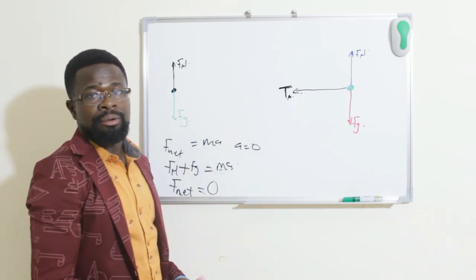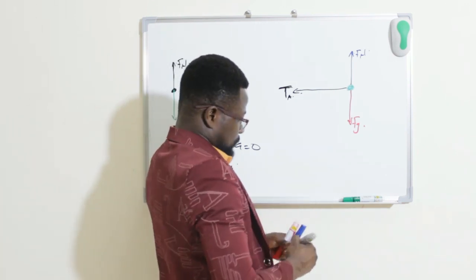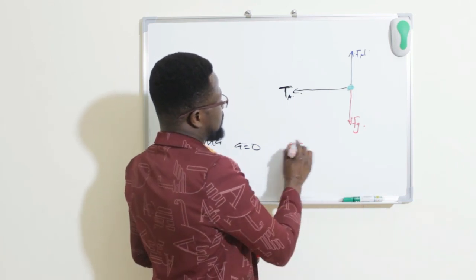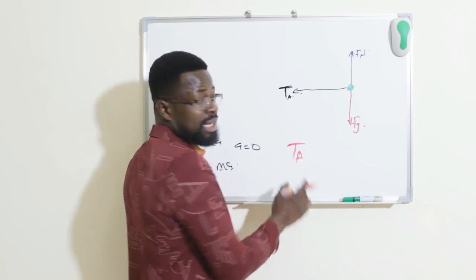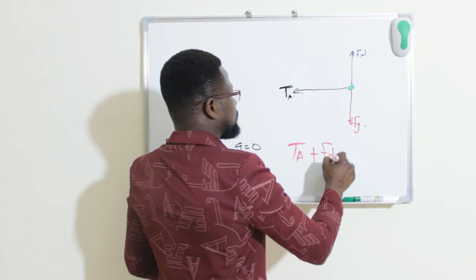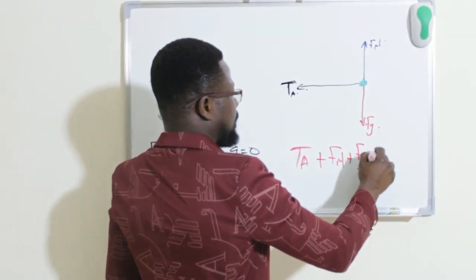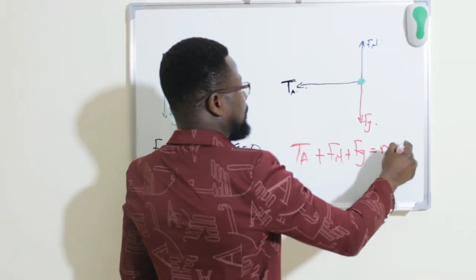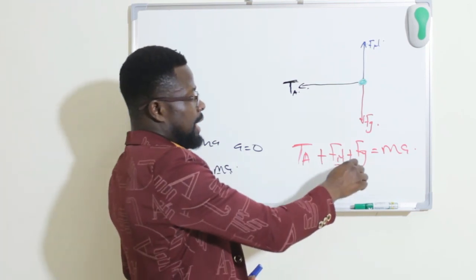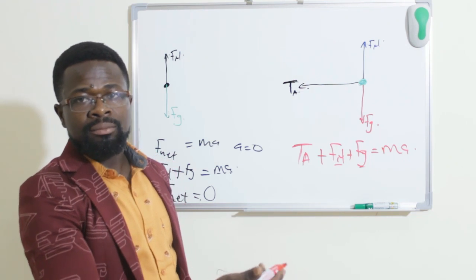Let's look at the second scenario. We have TA, which is the applied force, which could be the tension, plus the normal force, plus Fg, and that must be equal to ma. And remember, in this case, Fn and Fg are equal but opposite in direction.